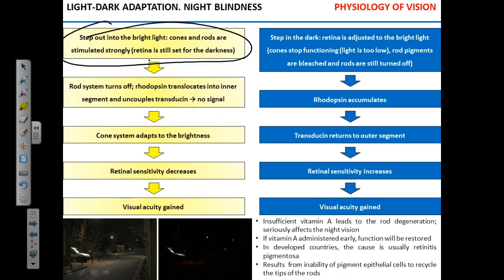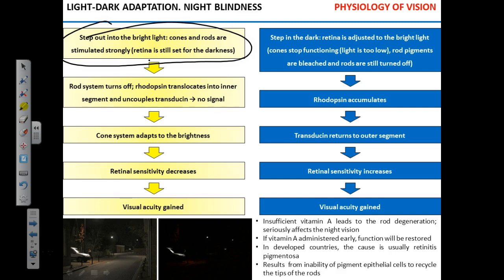So for them, remember we talked about receptors, the sensory perception, and we mentioned one of the conditions for the sensory perception is that the stimulus is in the sensory perception range. For rods, the bright light is way out of range. It's way beyond their capacity to absorb light.